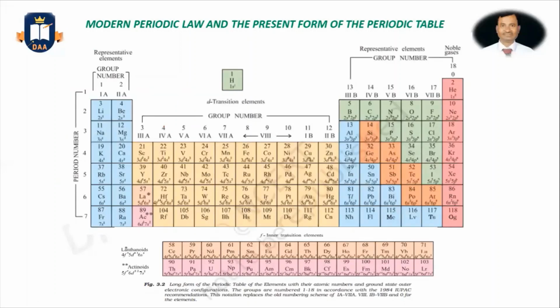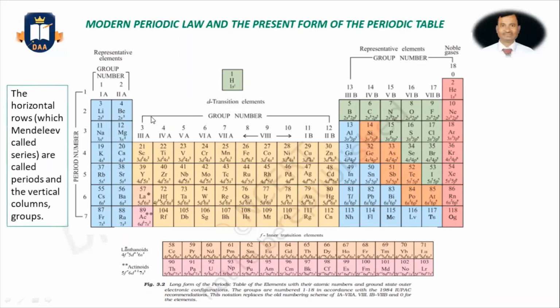This is the long form of the periodic table containing all elements discovered till now. So this is the horizontal row and this is the vertical column.